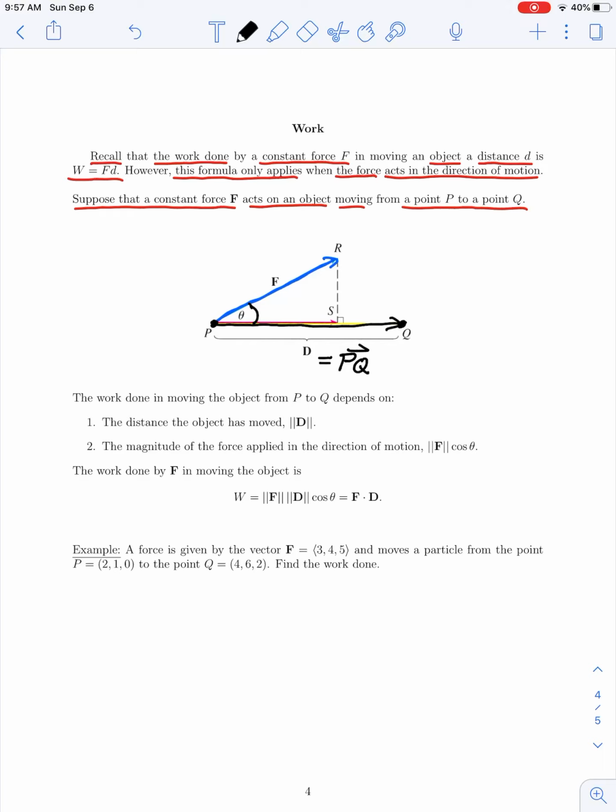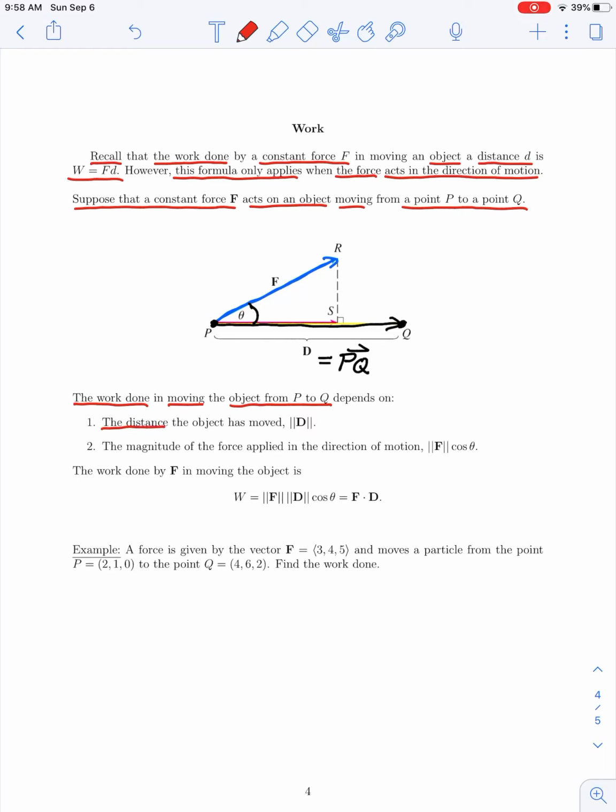And let's say that the angle between those vectors is given by theta. If we're interested in determining the work done by that force F in moving an object along this displacement vector D from point P to point Q, let's think about how we could find it. This work done depends on two things.